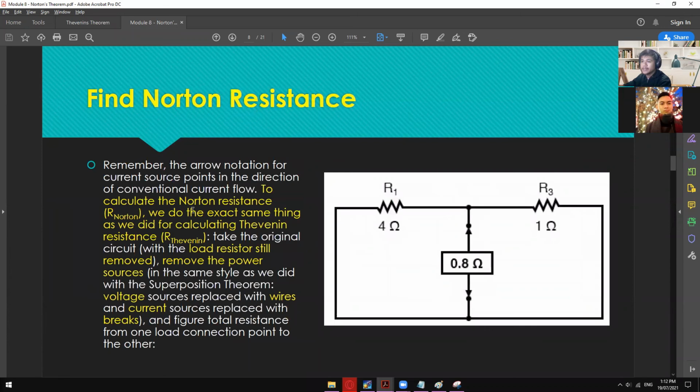Okay, so I did verify that one in here. So to calculate the Norton resistance or the R Norton, we do the exact same thing as we did for calculating Thevenin resistance. So yeah, we have to leave this open and then combine those two, and then you will get 0.8 ohms using a parallel connection in here, R1 parallel to R3.